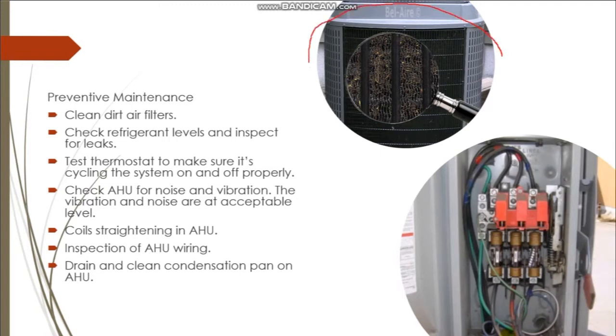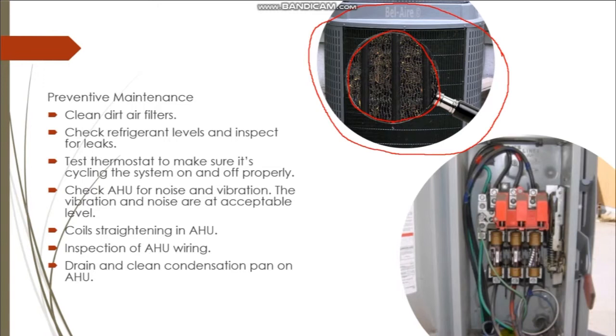This is the air filter, and as you can see, the magnified part of it contains a lot of dirt and crooked lines. Secondly, check refrigerant levels and inspect for leaks.